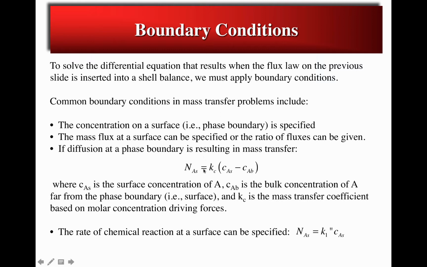We're going to talk in Chapter 20 more extensively about boundary layer theory and how you actually calculate these mass transfer coefficients, and so I'm going to put that discussion off in detail until then.